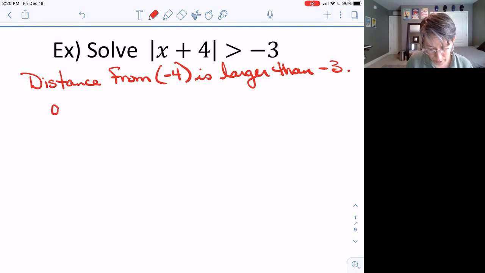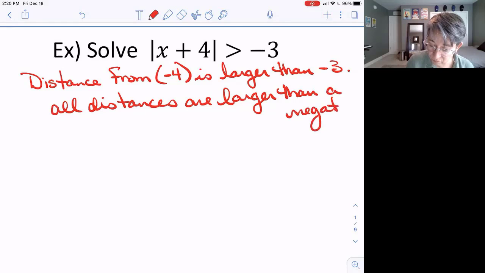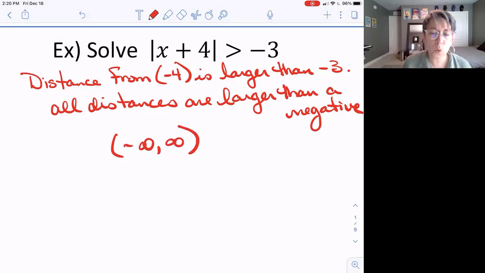Well, all distances are larger than -3, than any negative, actually. Because remember, your absolute value would always give you a positive number. Positives are always larger than negatives. So any value of x from -infinity to infinity would work, for all real numbers, I'm sorry.